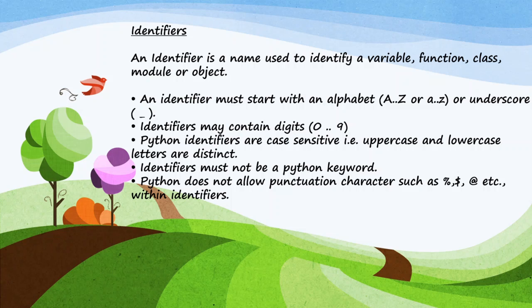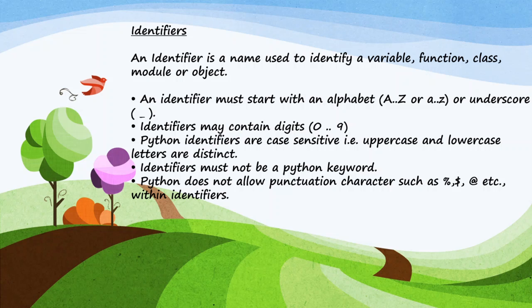So how can we create an identifier? There are some rules for creating an identifier. An identifier must start with an alphabet or an underscore. Either it should start with an alphabet, that may be capital letters or small letters, or it should start with an underscore. Identifiers may contain digits 0 to 9. If you want, you can add digits.